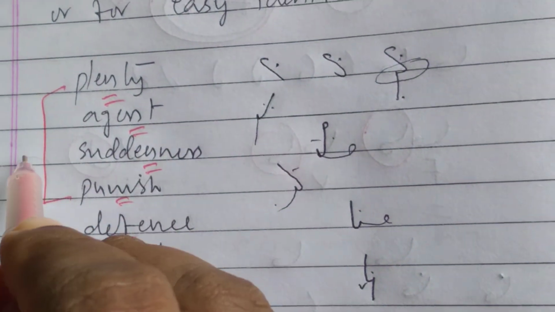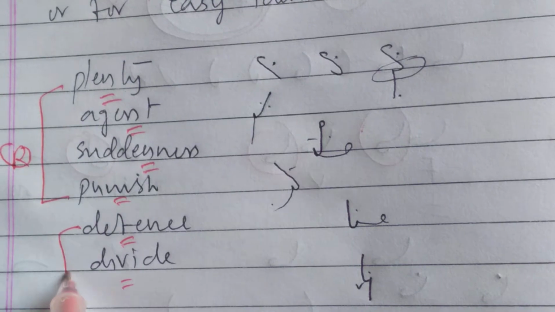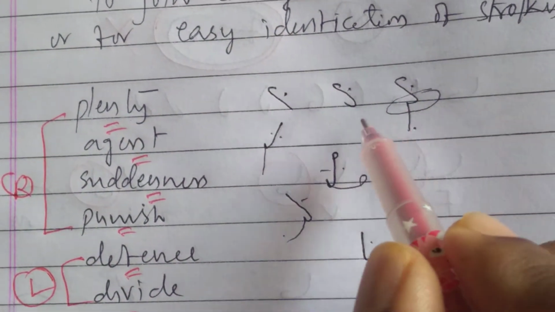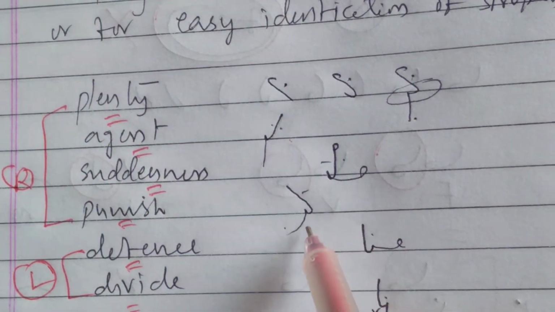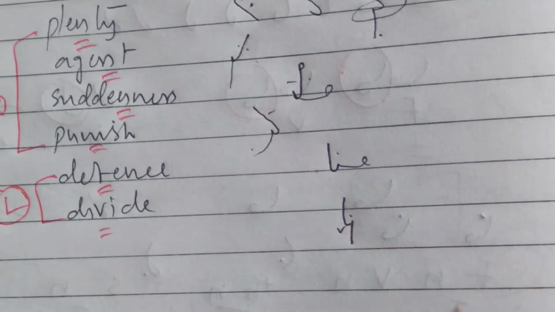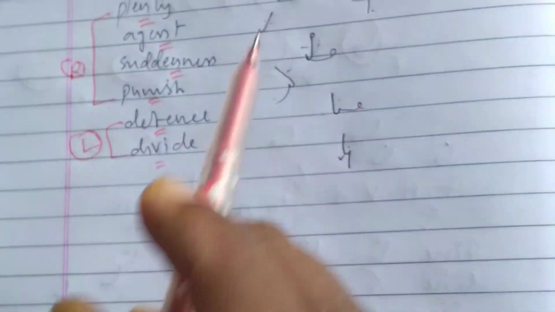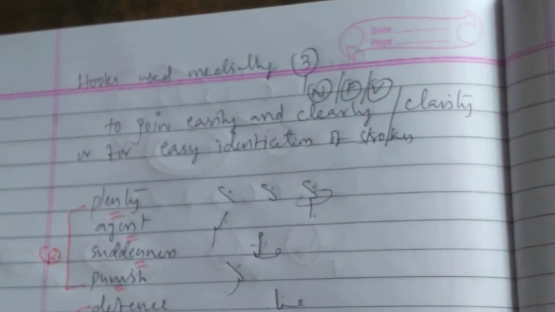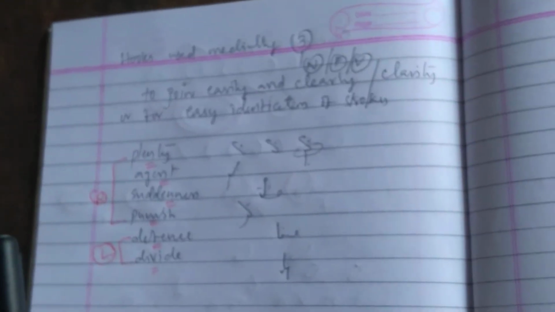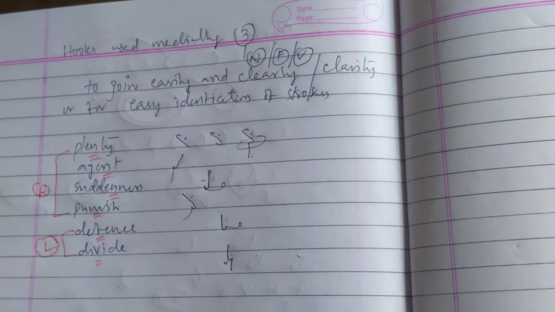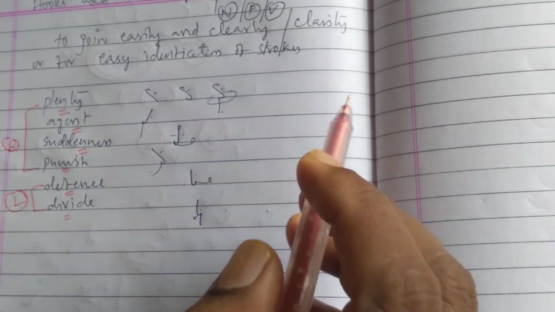Up to here, right motion; these others are left motion. I wrote like this: right motion, left motion, and left motion. Likewise, N, F, V hooks we can use either inside, on the F and V side, I mean right side and left side, accordingly.